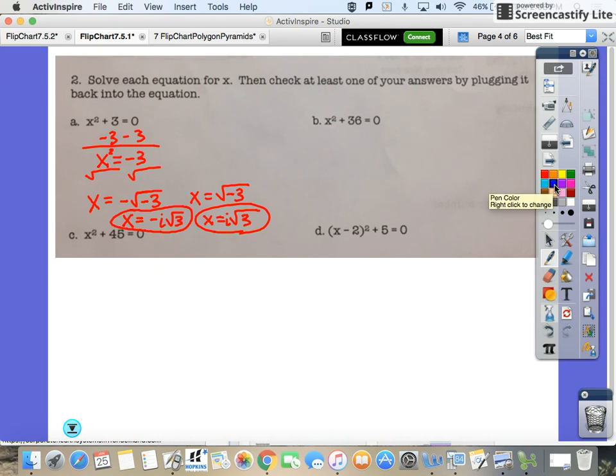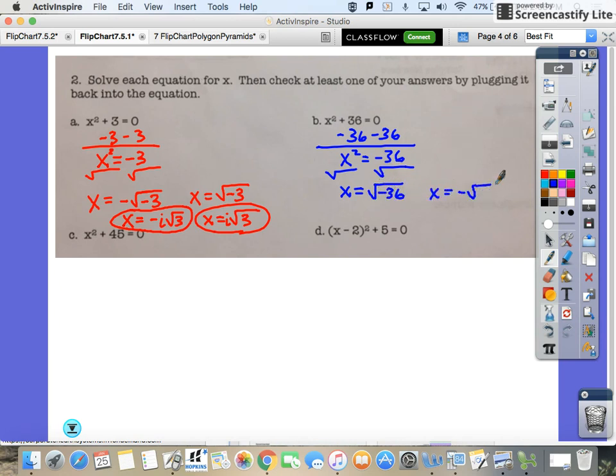I'll try to do one more. Hopefully we won't get cut short, but if I do get cut off, I'll start on the next video. So here we'll minus 36 on both sides. We get x squared equals negative 36. Square root both, and we get x equals the square root of negative 36 and the negative square root of negative 36.